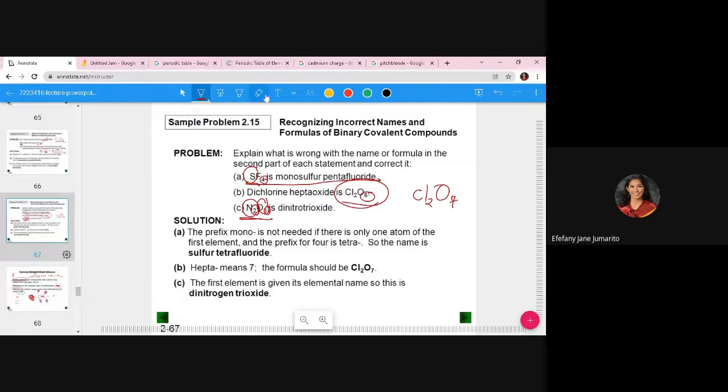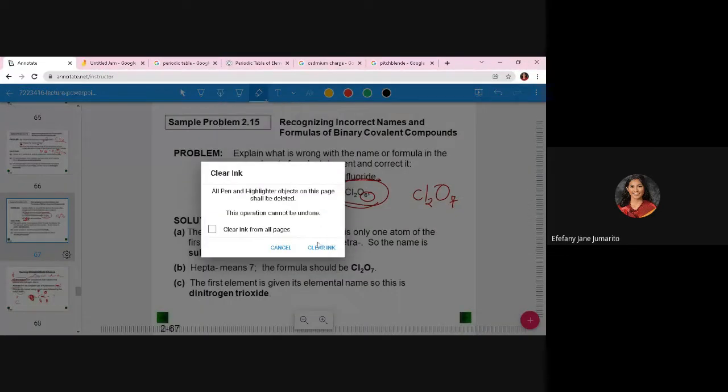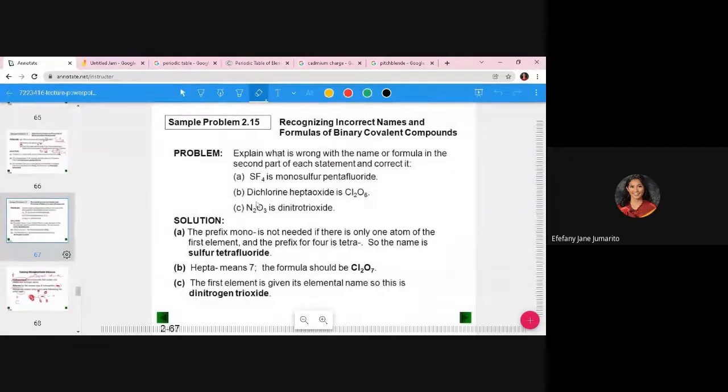Okay, alright. Now, kani. Okay, spot the wrong. Letter B. Correct? C2ClO6. Dichlorine. Sakto? Wrong, ma'am. Kay heptaban siya, ma'am. 6 ra ang kuan, ma'am. Hexa dapat. Okay, letter A. Wrong, ma'am.